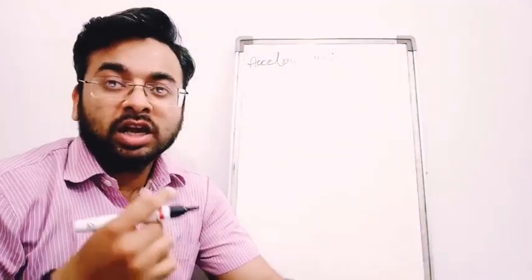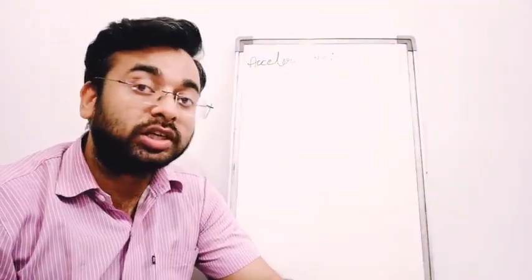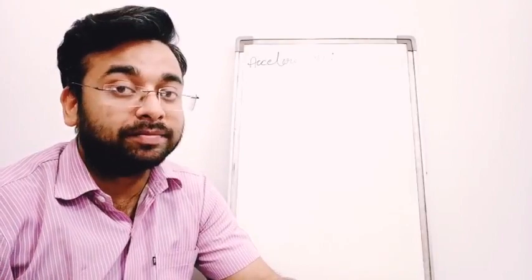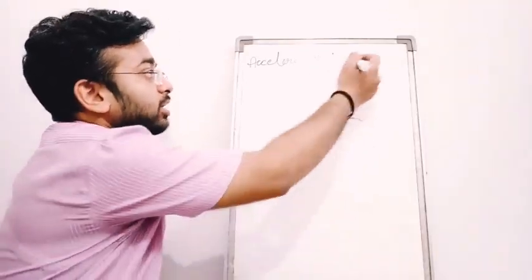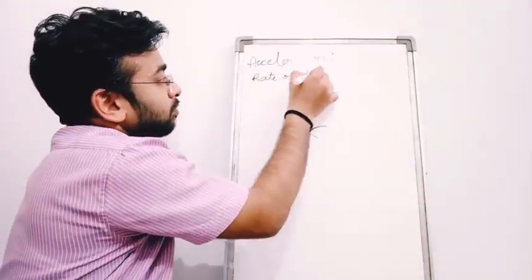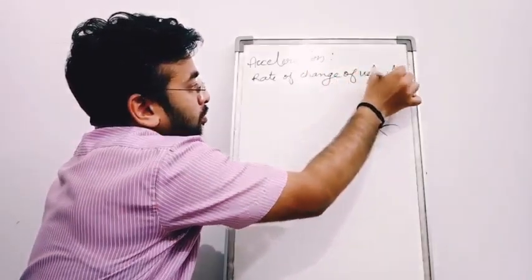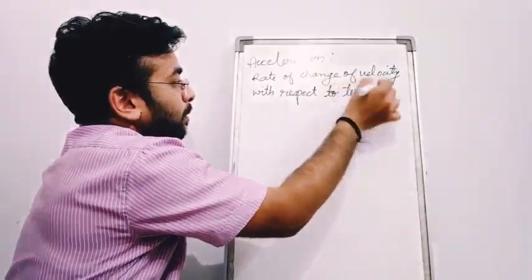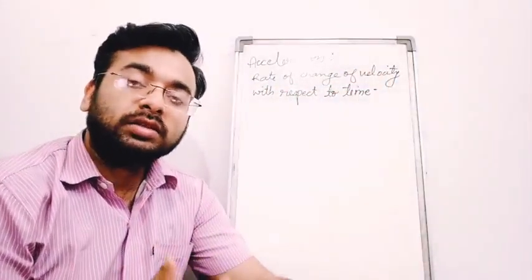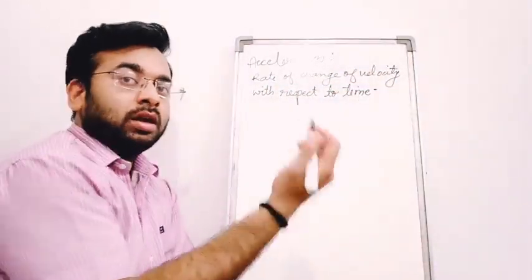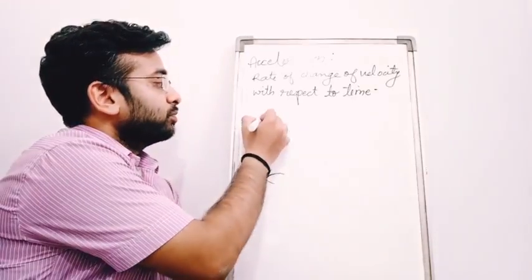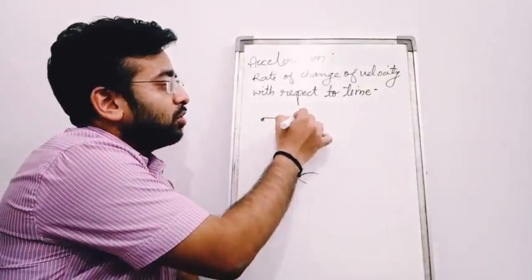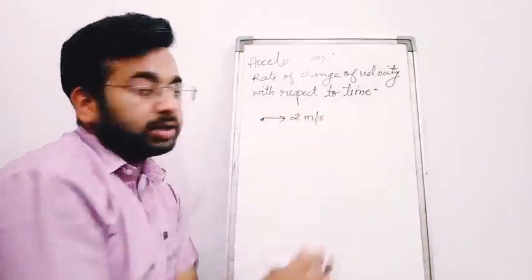Acceleration is defined as rate of change of velocity with respect to time. Now let me write it here. To understand this, let's take an example. Let's say there is a car which is traveling with the speed of 2 meters per second.